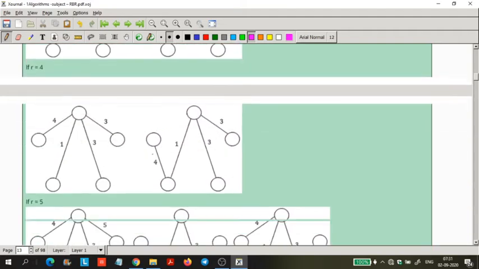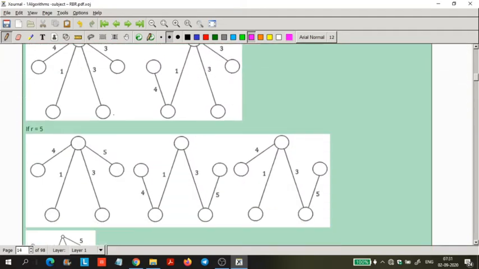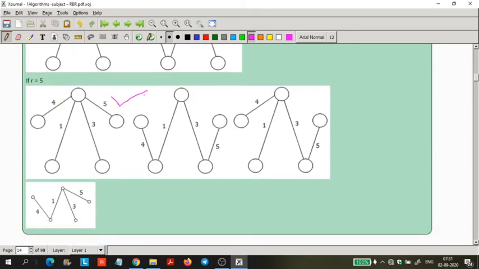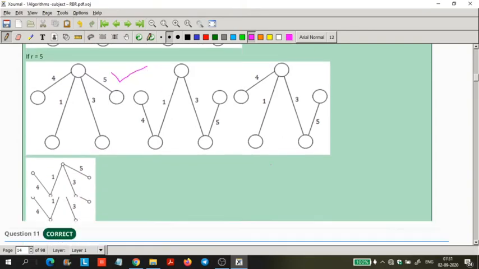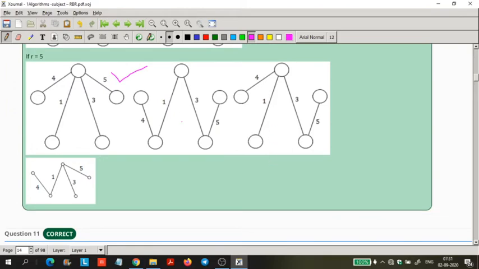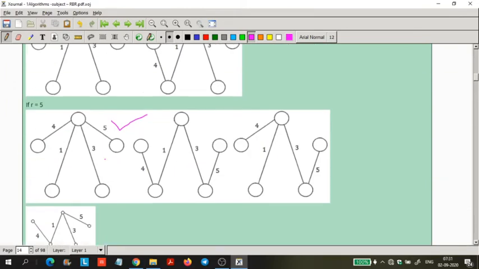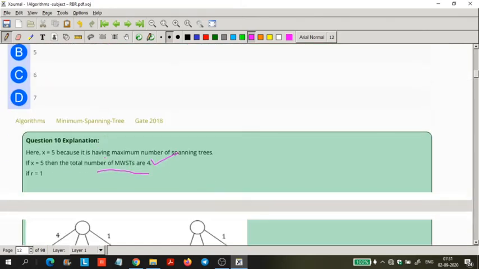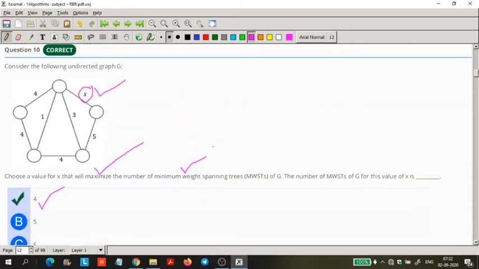Then r is equal to 4, and r is equal to 5. This is the case for x equal to 5, which has the maximum number of spanning trees. So the number of minimum weight spanning trees of the graph G for this value of x is 5.